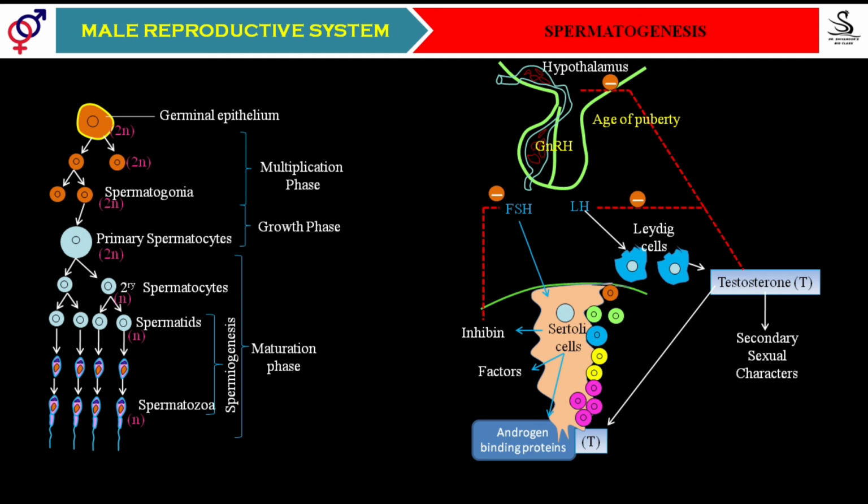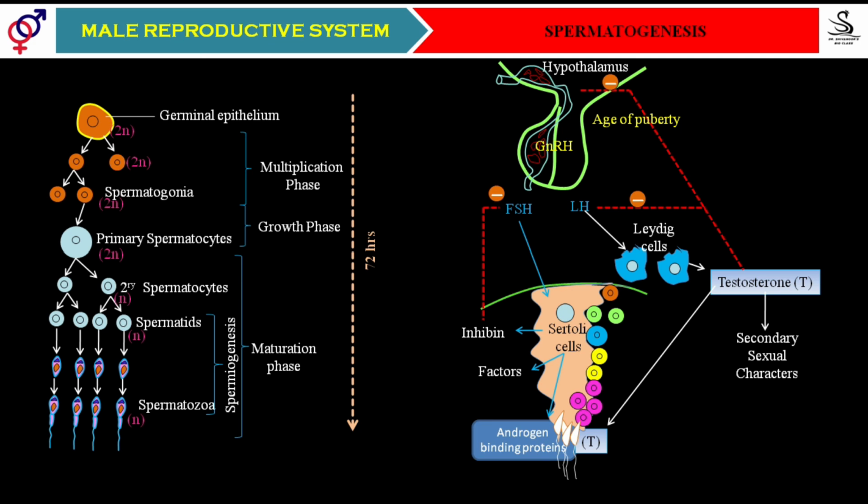There are no issues with that. Then we need to understand that the entire process of spermatogenesis occurs in 72 hours. Got it? So the complete process of spermatogenesis will occur in 72 hours.